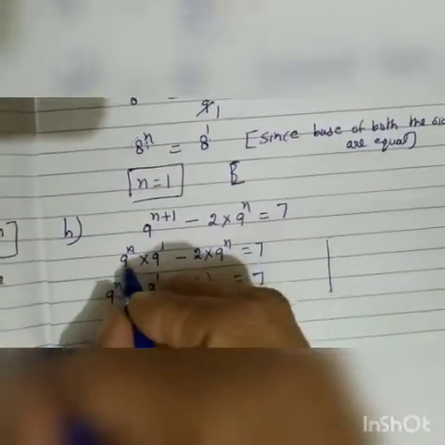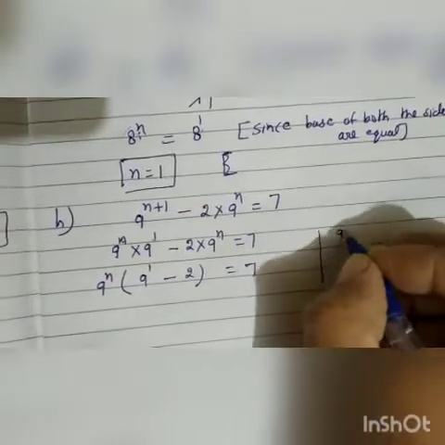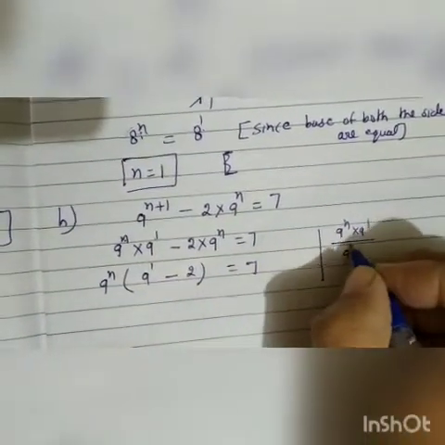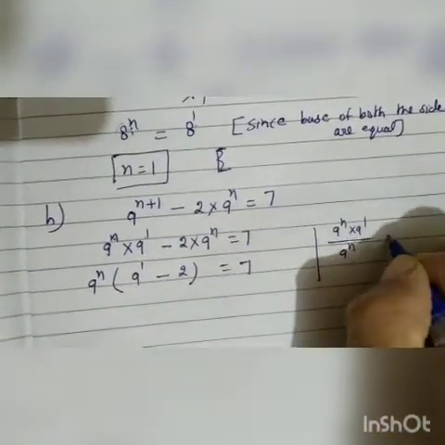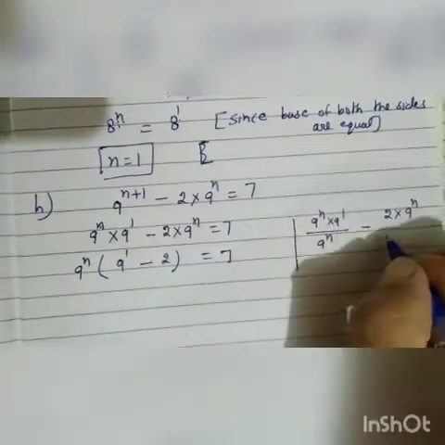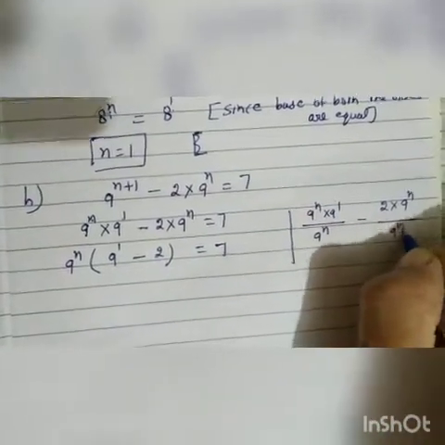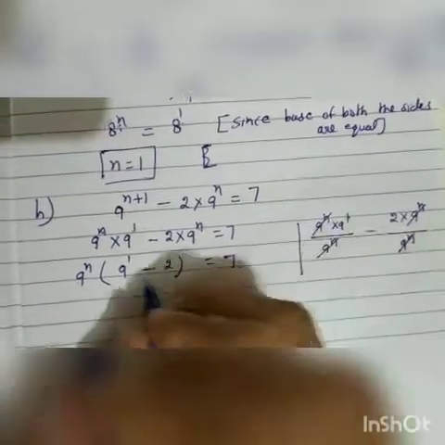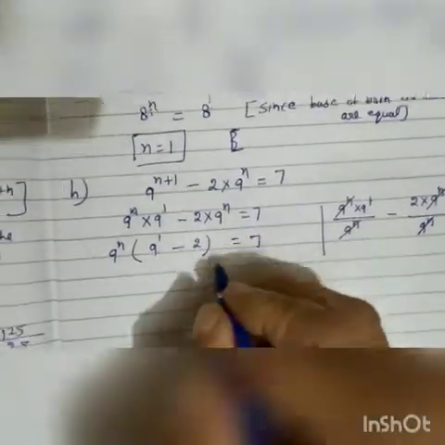Again see, this 9 power n into 9 power 1 upon this common 9 power n, minus 2 multiplied by 9 power n upon 9 power n. Cancel, 9 power 1 minus 2 left.